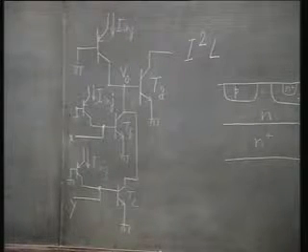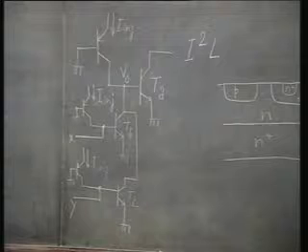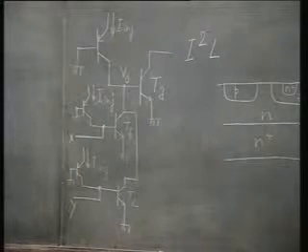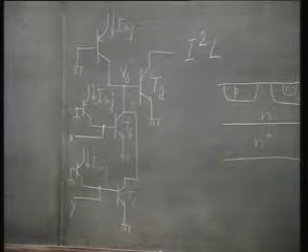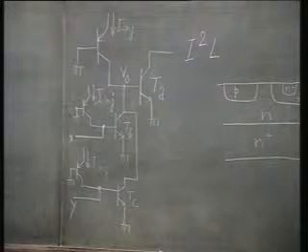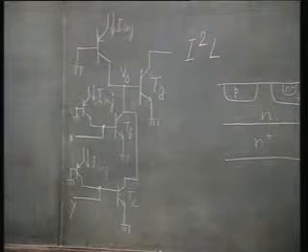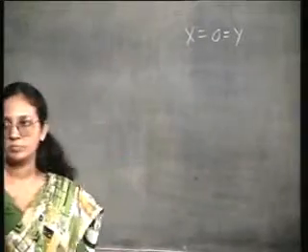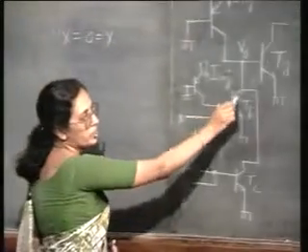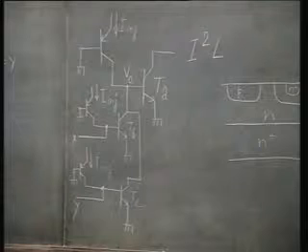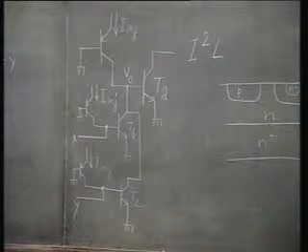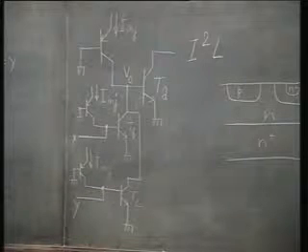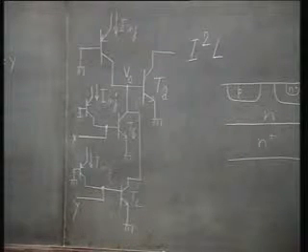Now, let us see how this circuit is going to perform. I have two inputs X and Y. Let us say both X and Y are at logic level 0. In that case, both TB and TC are cut off, right? X and Y are given at the base of TB and TC. If they are both at logic level 0, then both TB and TC are cut off.